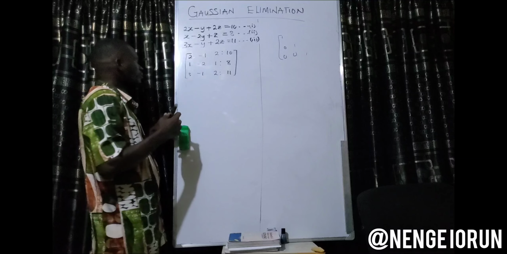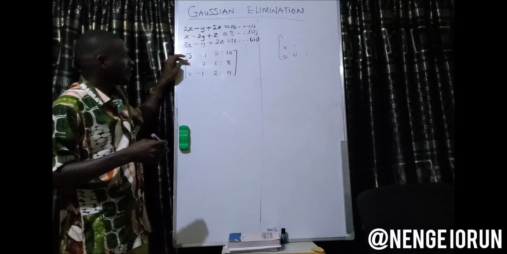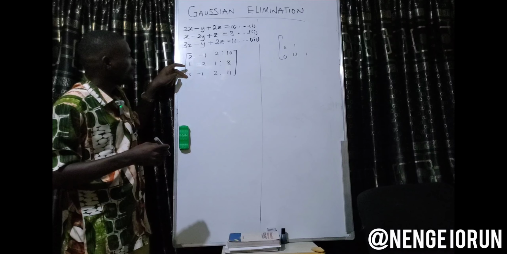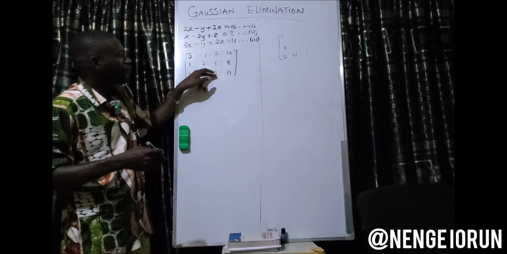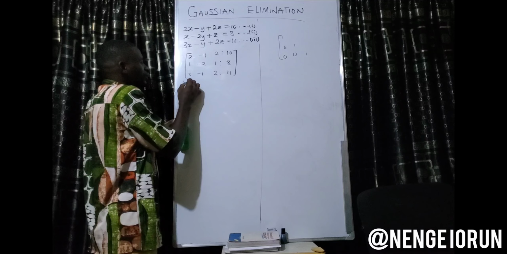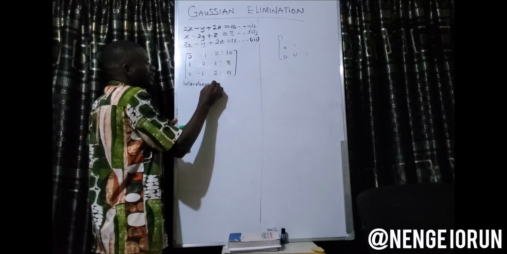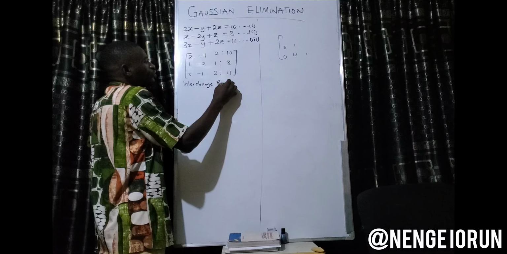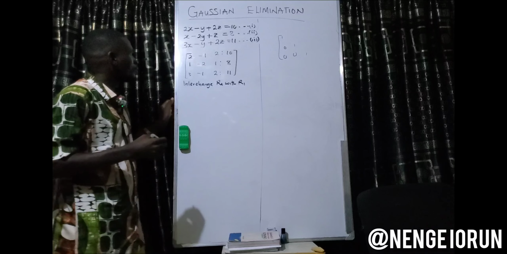So now, we are going to start here. First of all, make this one 1, make this one 0, make this one 0, make this one 1. So you interchange row 2 with row 1.